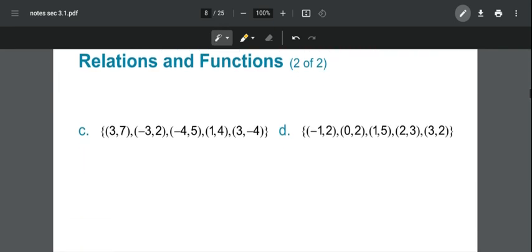So now we're moving to example C. In example C, you see a set of ordered pairs, and we have to decide if that set represents a function. The definition of a function is that each input has assigned exactly one output. So here we don't have a function because input 3 has two different outputs. We have 3 assigned output 7, but also 3 assigned output -4. So here there is definitely not a function.